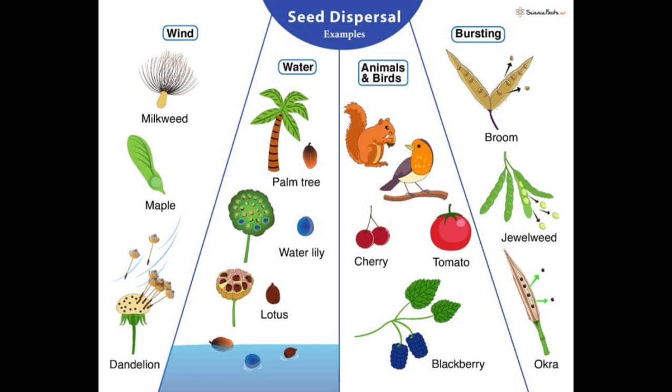Second, dispersal by water is known as hydrochory. The agent of dispersal is water, and plants that grow beside or in water often use water to disperse their seeds. These seeds are made waterproof and can have fluff or other structures to increase their buoyancy.